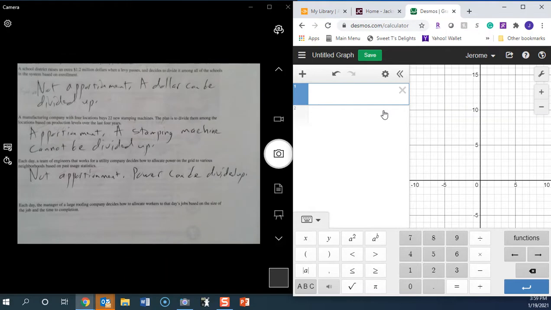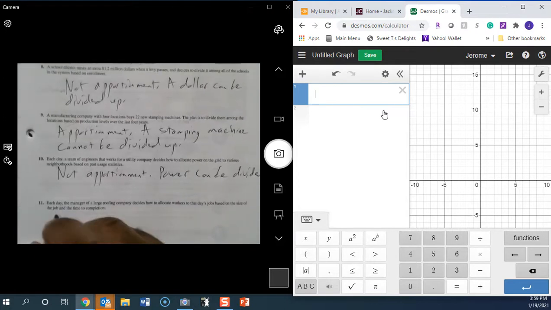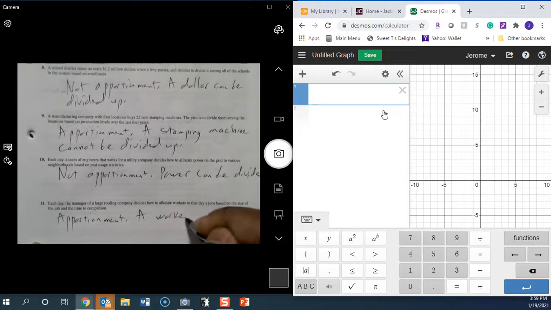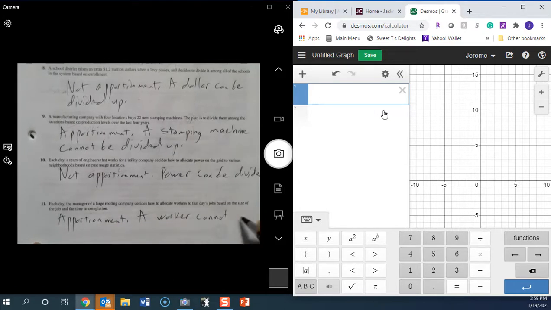Okay, last but not least, each day, the manager of a large roofing company decides how to allocate workers to that day's jobs based on the size of the job and the time of completion. This is apportionment. A worker cannot be divided. You can't send half a worker to a site.